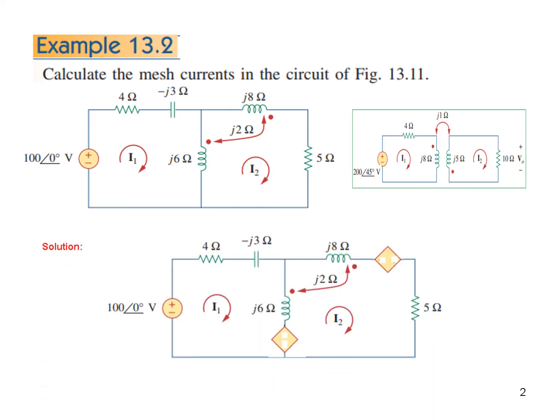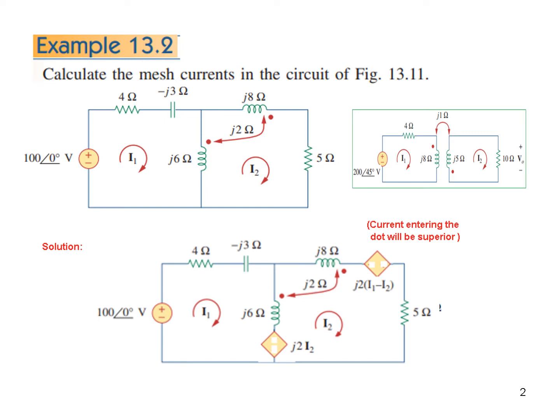The first step is that we put the diamond signs for the mutually induced voltages. That is our first step. Then in the second step, we write the value of the voltages as shown here.